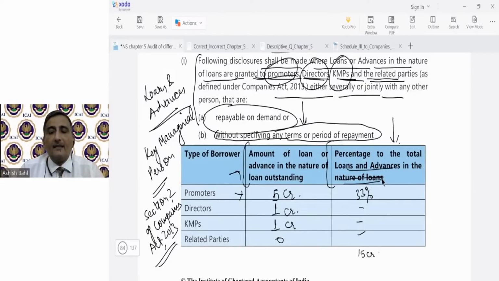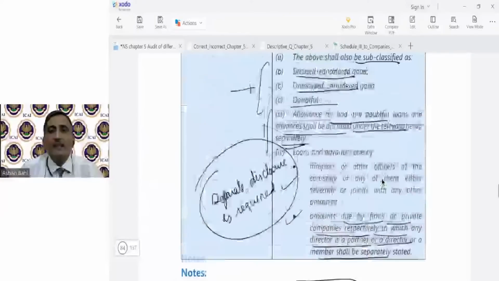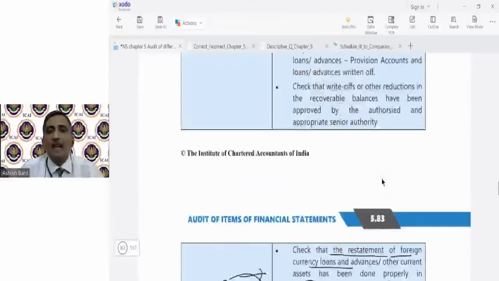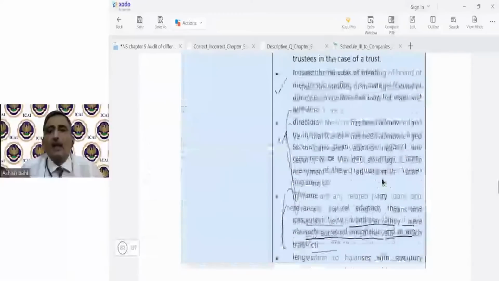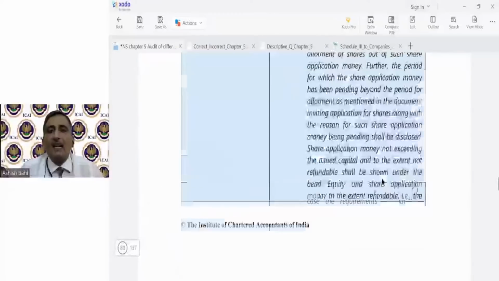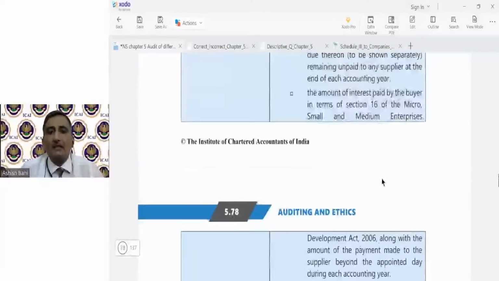Okay, so guys, is the same clear to you? Now we move on to our next topic, next subtopic, that is trade payables and other current liabilities.